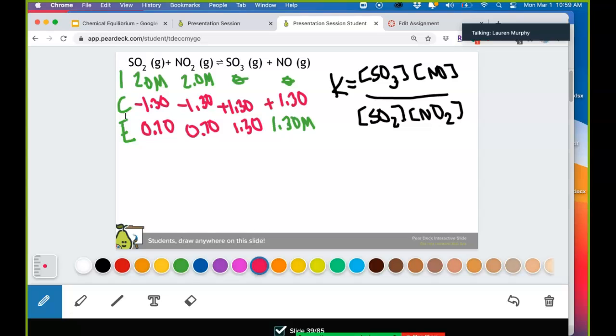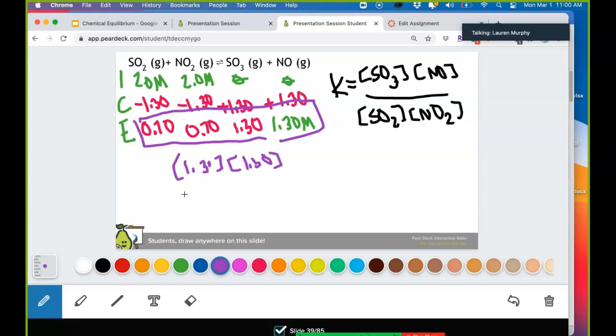So now I have all of my equilibrium values to plug into my equilibrium expression. I just take all of these and plug them in respectively. So the SO3 is 1.3, and the NO is also 1.3, and the SO2 is 0.7, and the NO2 is also 0.7.